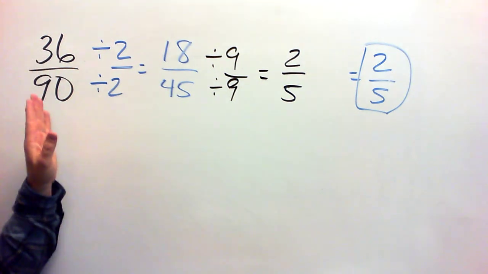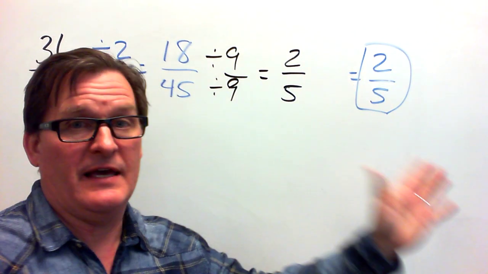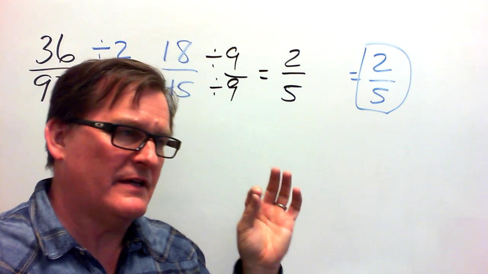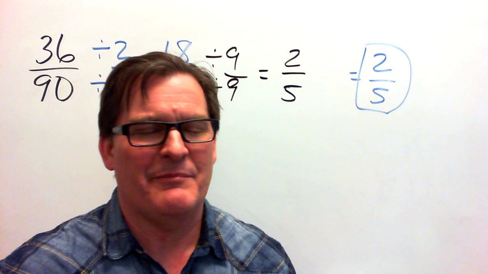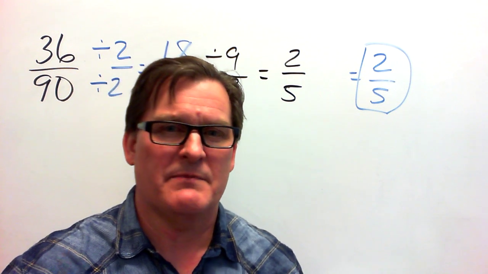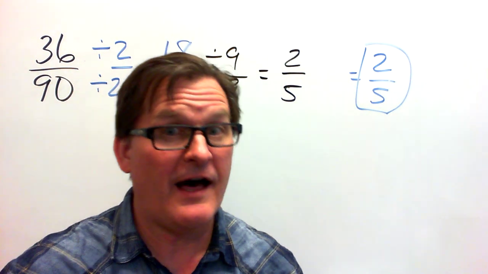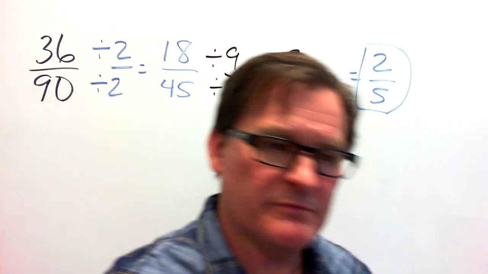But if you use the hack, you just keep whittling away till you get it to a place where you just can't whittle anymore. And there's a lot of nuance to that. There's really a lot of complexity to that. I'm not going to lie to you and say this is an easy aspect of math. It's not. It's a part of math you're going to have to practice a lot in order to get really good at it. So, in the spirit of that, let's jump to some practice.